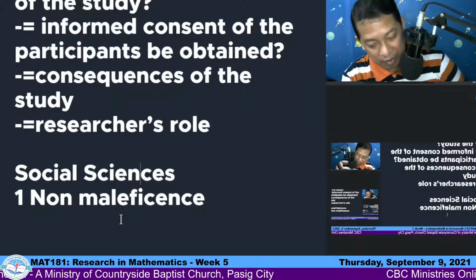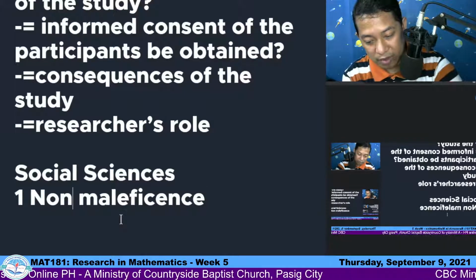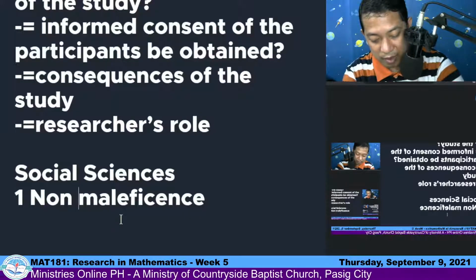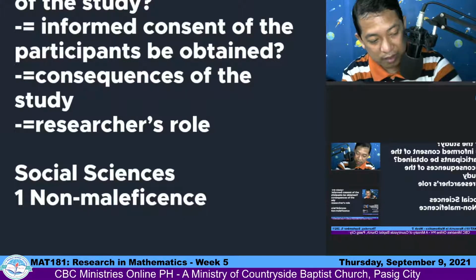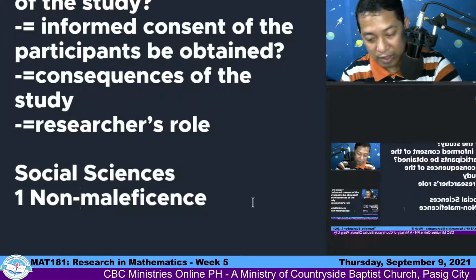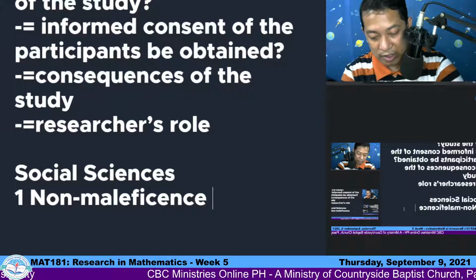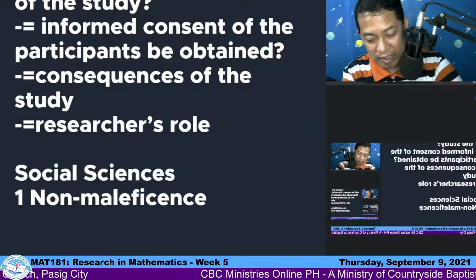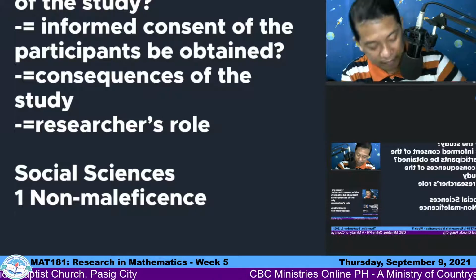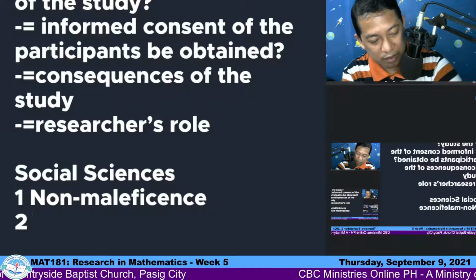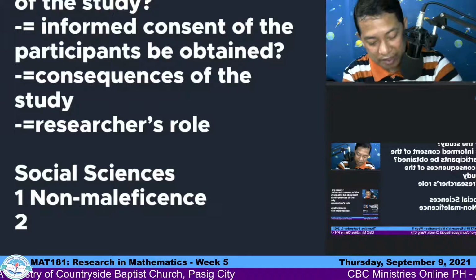Sa bagay subjective 'yon, no? Pero in terms of physical harm or perhaps other means where they could avoid harming the participant, that's non-maleficence. And then beneficence.